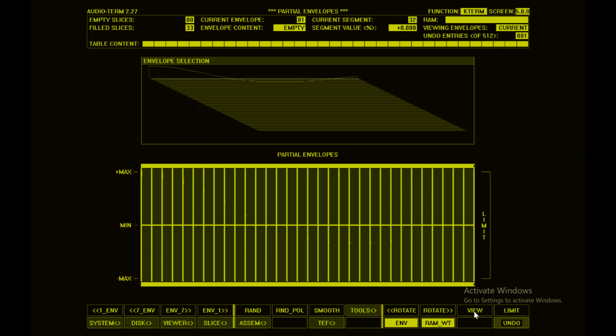Here, let's turn it off and on a few times to see what happens. Alright, I'm going to draw current partial envelope 01. Okay, and we keep going.